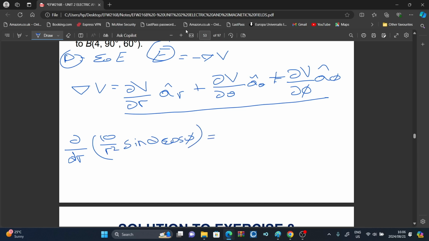Then you differentiate this in terms of V. You'll have 20 over R cubed. I think it will be minus 20. Yes, I made a mistake in the previous one. Then the rest will be the same, sine theta and cos phi. So you do the same for your theta and your phi.